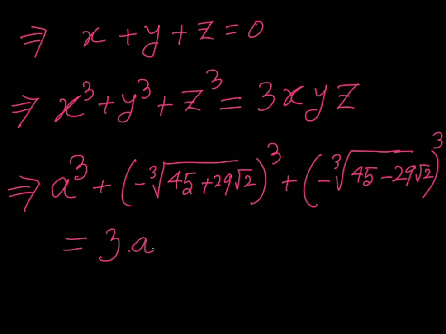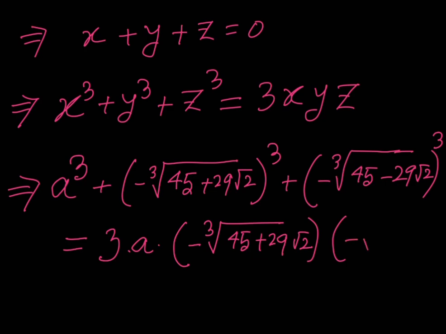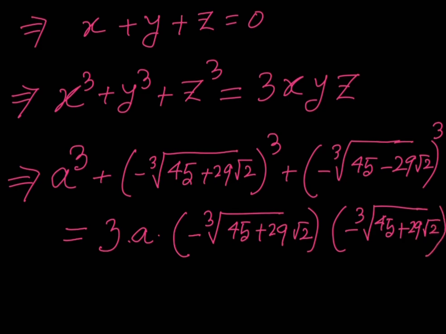That is, 3 times a, times minus the cube root of 45 plus 29 root 2, times minus the cube root of 45 minus 29 root 2.